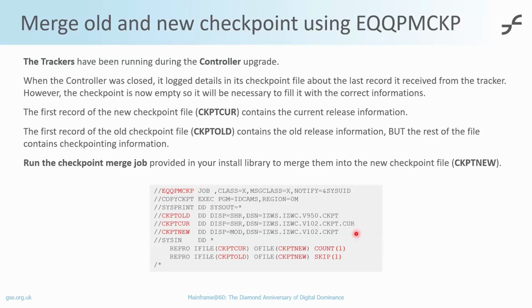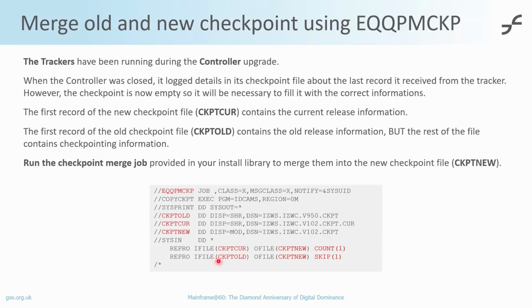So you can, for example, rename the file that you just used for this start to checkpoint.current, and then you can create another checkpoint that will be an empty file, and this repro will copy the current content of the current checkpoint file into the new file, but only the first line. That is the one that contains the header that has been initialized with the new version values.